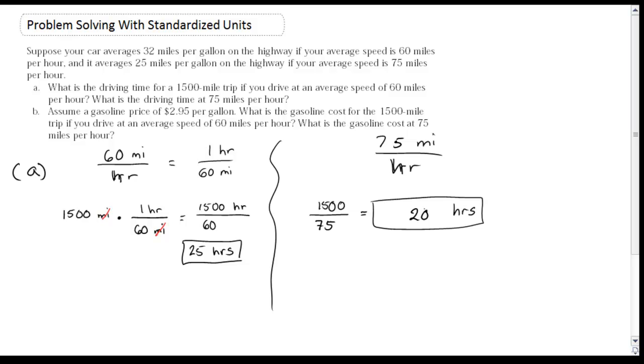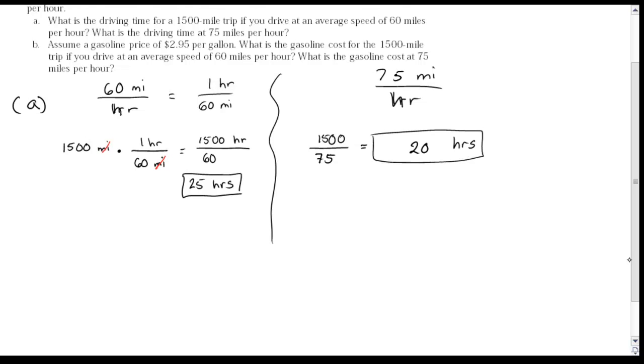All right, second question. Assume a gasoline price of $2.95 per gallon. What is the gasoline cost for the 1,500 mile trip if you're driving an average speed of 60 miles per hour, and the cost if you're driving 75 miles per hour?